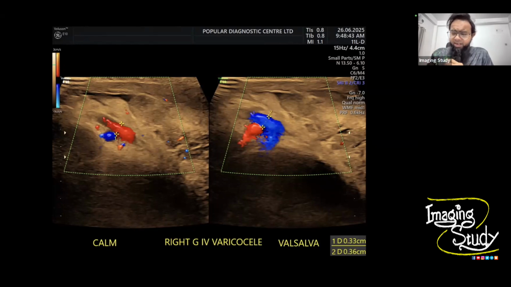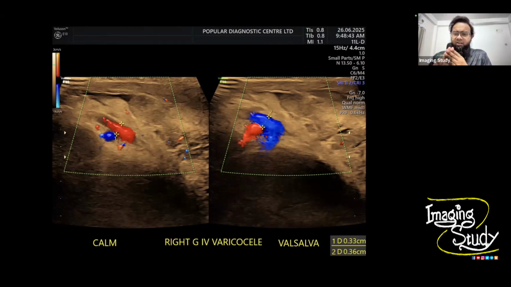So in grade 1, the veins are less than 2 millimeter dilated, and we see the reflux at the cord level. If it is grade 2 and grade 3, the veins are usually more than 2 millimeter in diameter in quiet respiration. For grade 2, you will see the reflux and dilatation with prominent appearance at the upper pole. For grade 3, you will see it at the lower pole.